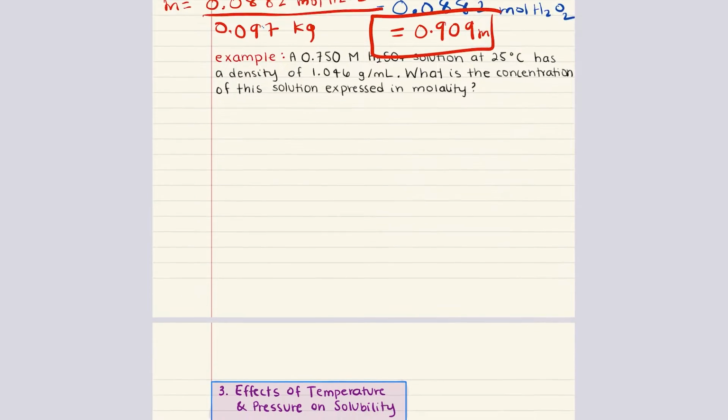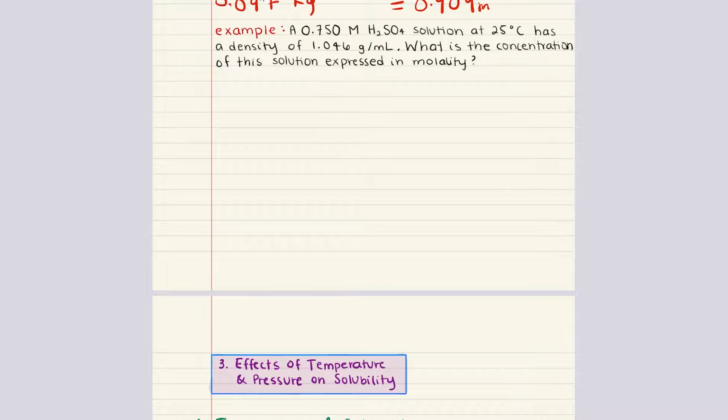Let's tackle the next one. This problem says a 0.750 molar sulfuric acid solution at 25 degrees Celsius has a density of 1.046 grams per milliliter. What is the concentration of this solution expressed in molality?